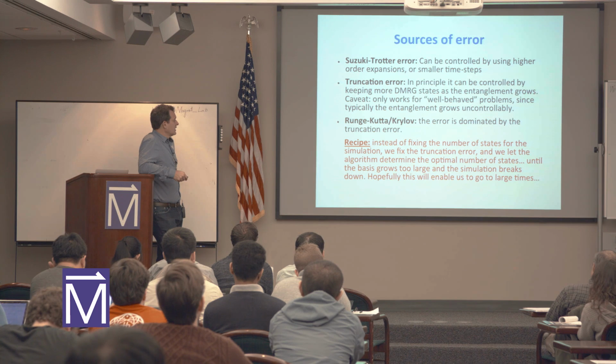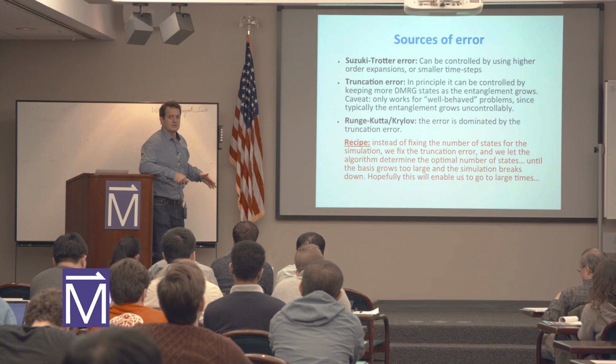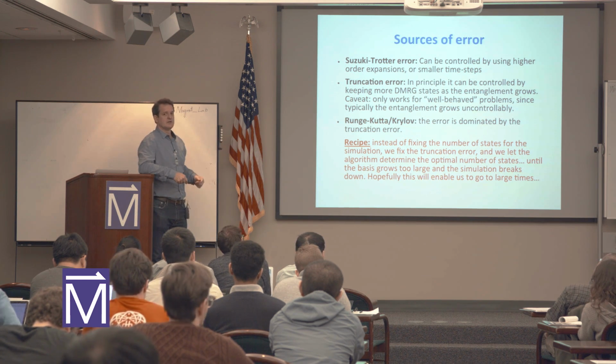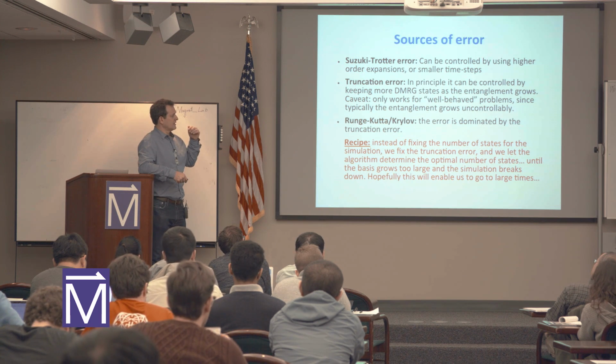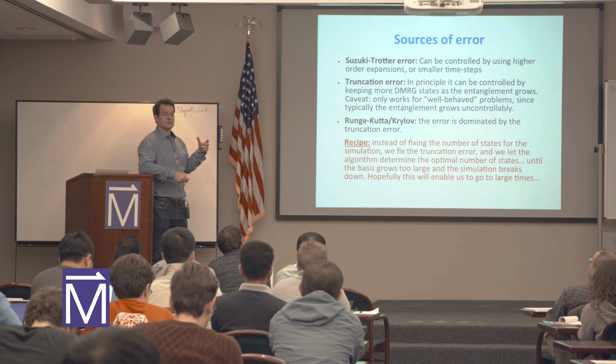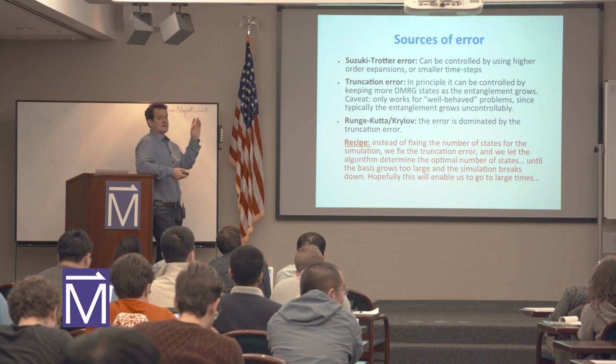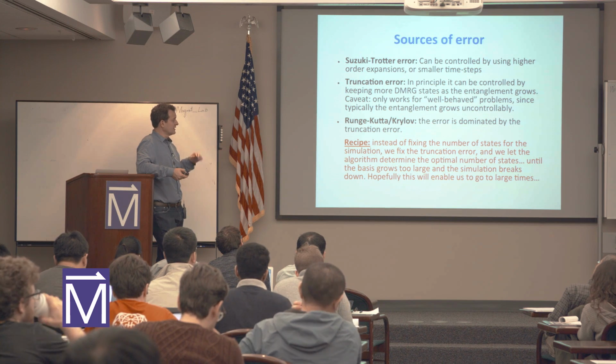So one recipe to get rid of the truncation error is to fix it at some small value. Let's say I fix the truncation error to 10 to the minus 8. So DMRG automatically figures out how many states you need to keep when you diagonalize the reduced density matrix to keep the truncation error below 10 to the minus 7, 10 to the minus 8.